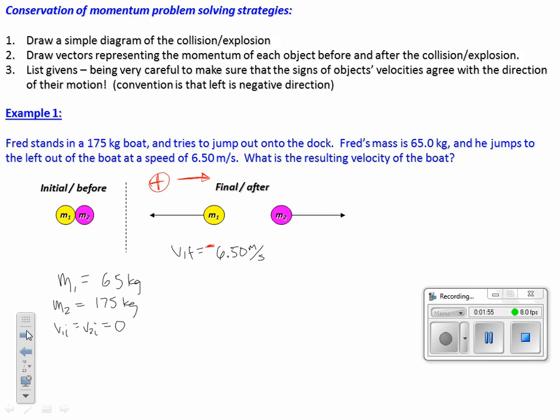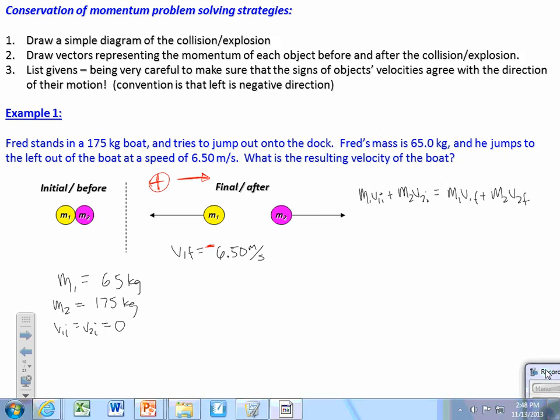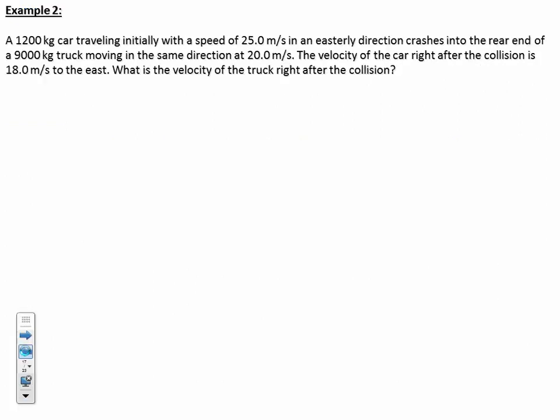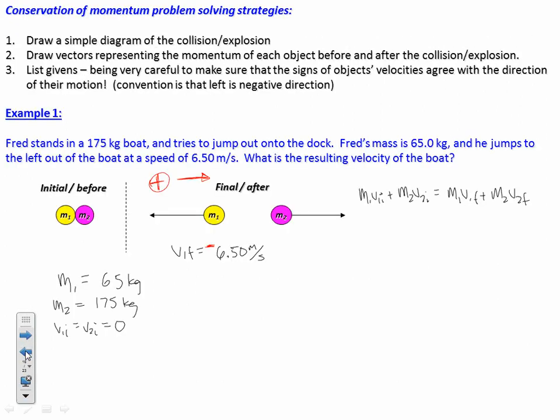Now, we're going to use conservation of momentum. M1 V1 initial plus M2 V2 initial equals M1 V1 final plus M2 V2 final. If you want, you are welcome to solve these using impulses.